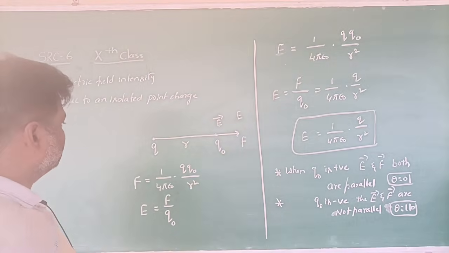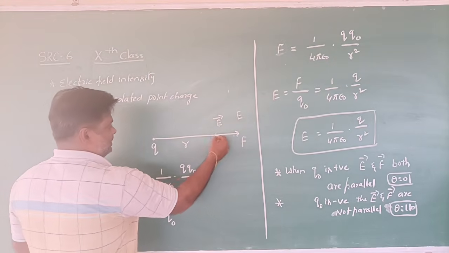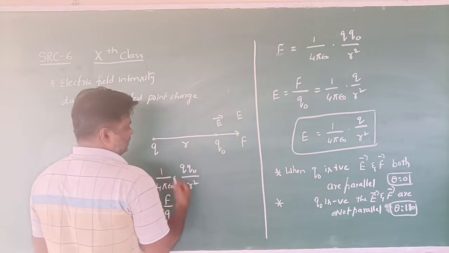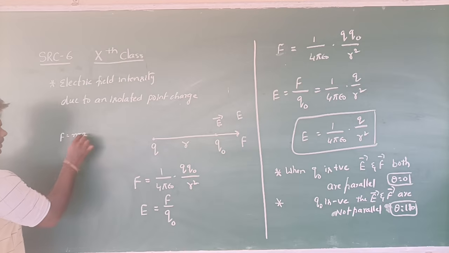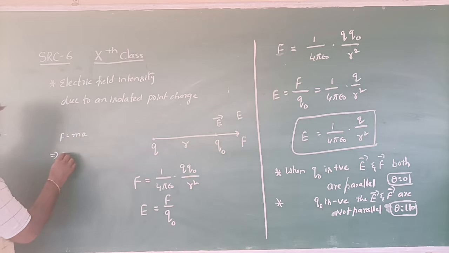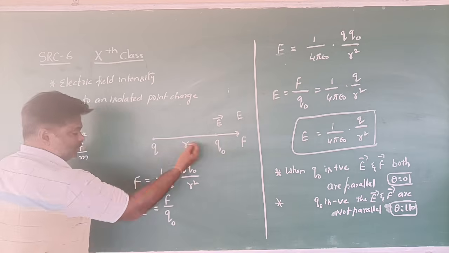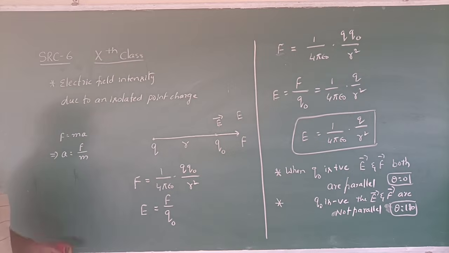One small application. When the test charge is repelled by this one, F is equal to m a, which implies a is equal to F by m, because it will accelerate. What is F here?